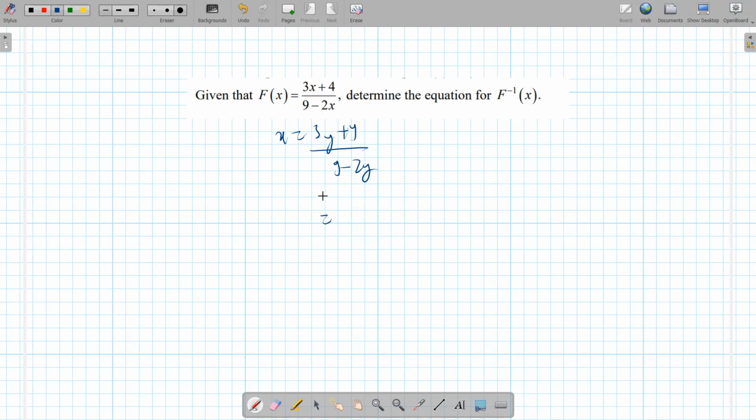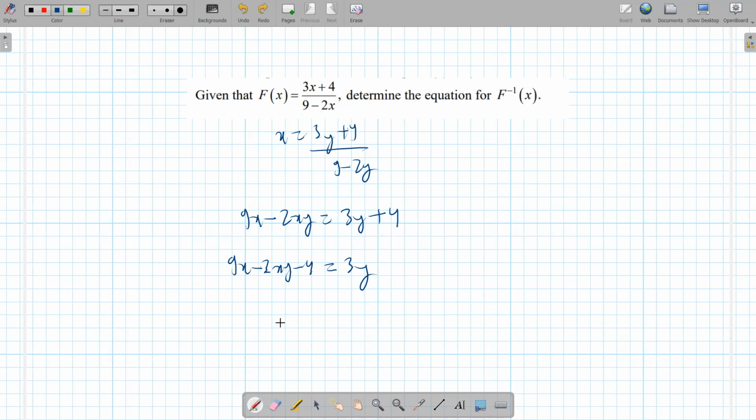You multiply both sides by 9 minus 2y. You got this, and then you subtract 4. Wait a second. 2x times 9, is that 9x? Oh yeah, 9x, because x is up there.